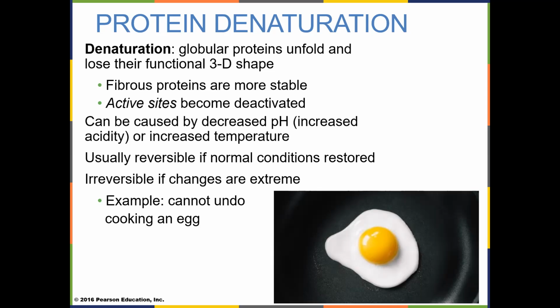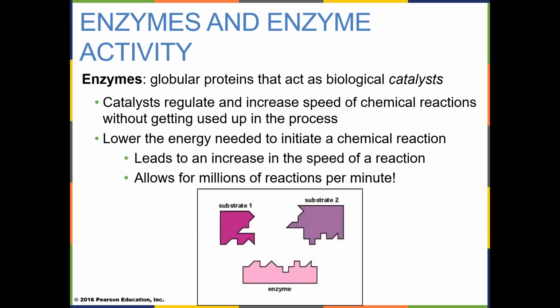Brain cells die in 5 minutes. Muscle cells die in about 10 to 12 hours. Heart muscle takes about an hour to die. But as those cells are running out of oxygen, their enzymes are breaking down. So they can't do the reactions they're supposed to do.